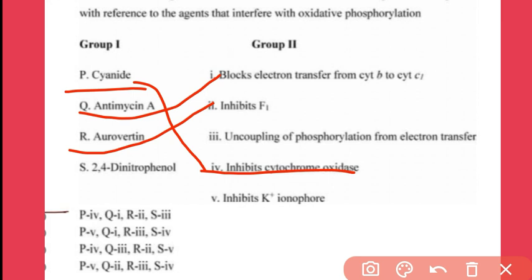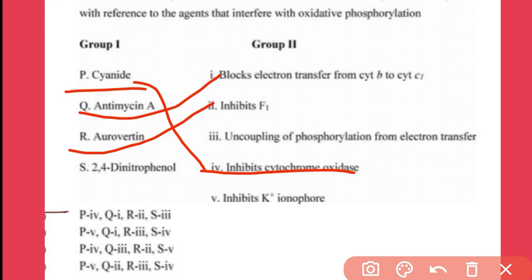Then the fourth, 2,4-dinitrophenol. DNP, or 2,4-dinitrophenol, acts as a proton ionophore, and an agent that dissipates the proton gradient across the mitochondrial membrane, collapsing the proton motive force that the cell uses to produce most of its ATP.